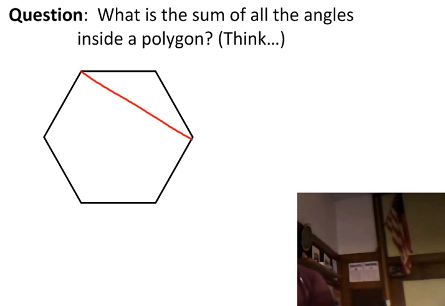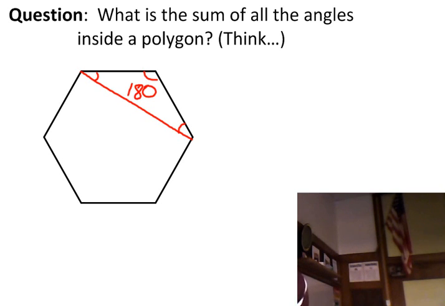I drew in a diagonal, and by doing that, look at what shape I made. That's a triangle. We just learned that in a triangle, there's 180 degrees. So if you add up this angle, this angle, and this angle, those 3 angles add up to 180 degrees.